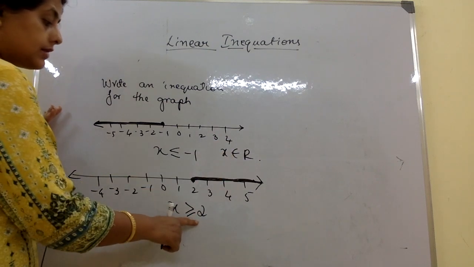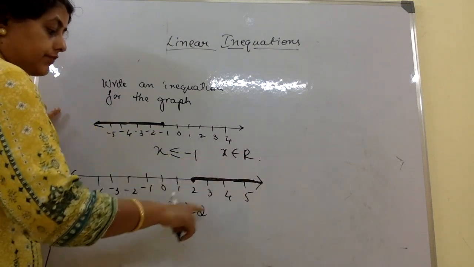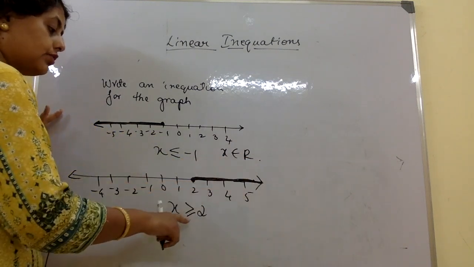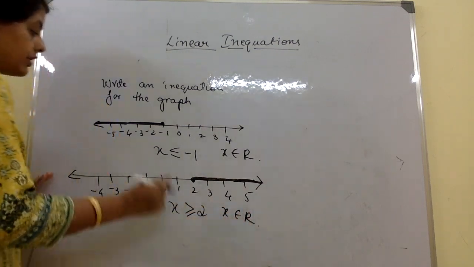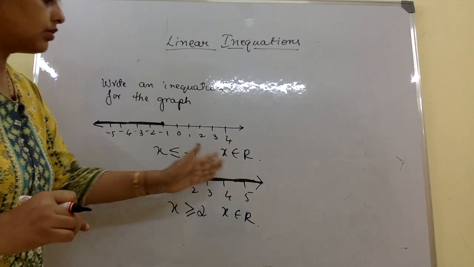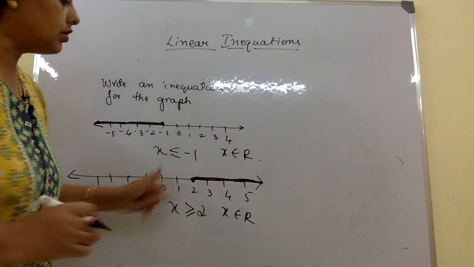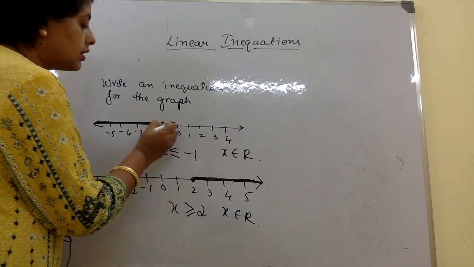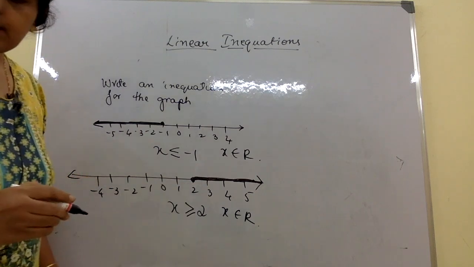You can't put the upper boundary because it is going to plus infinity, any value greater than 2 and including 2. So I put this, and x belongs to real numbers. When you see a line like this which is covering all, a fully complete line, not darkened at different values like 1, 2, 3, 4, then it is definitely real numbers.